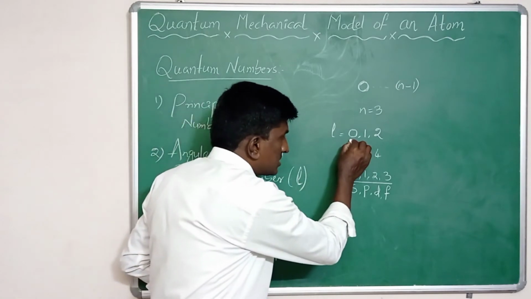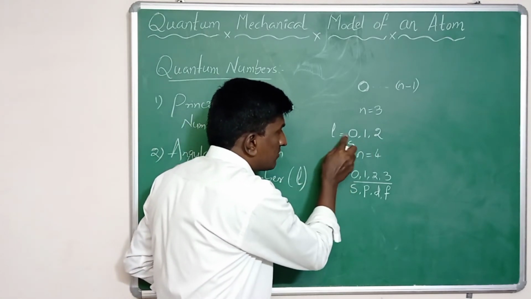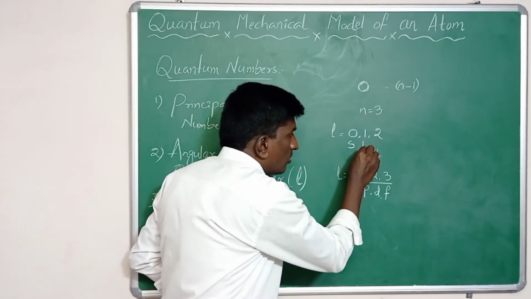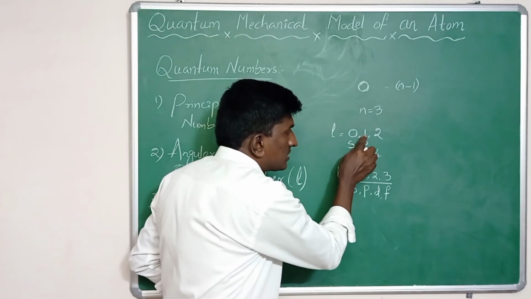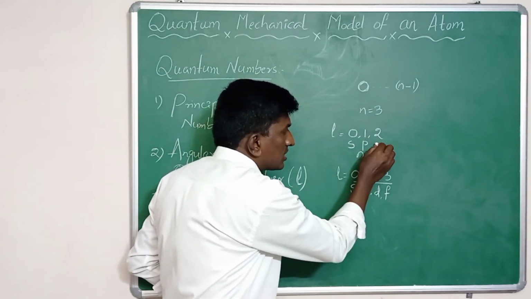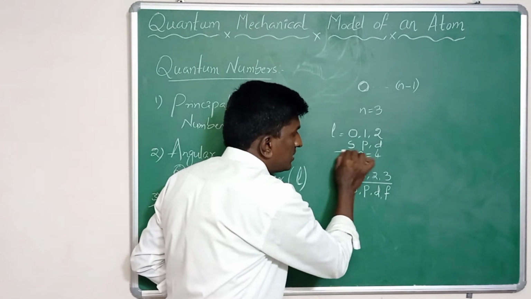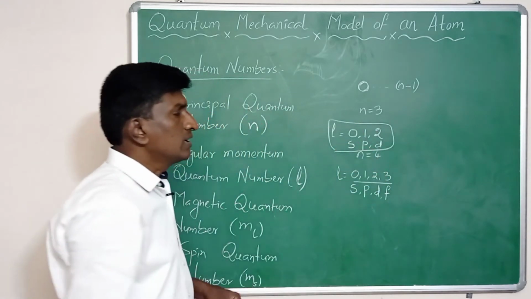If the subshell is S, its L value is 0. If the subshell is P, its L value is 1. If the subshell is D, its L value is 2.